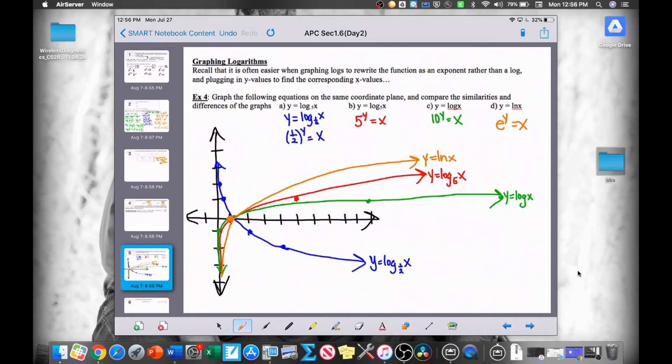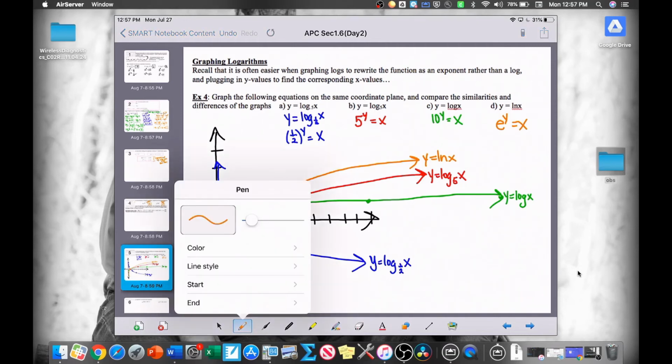So what is the big takeaway from this graphing experience that we just had here? Well, the odd one out seems to be the log base 1/2 of x, because the other 3 log functions, log base 5, log base e, log base 10, all had bases that were greater than 1, but log base 1/2 has a base that's less than 1. So let's make a little notation here.